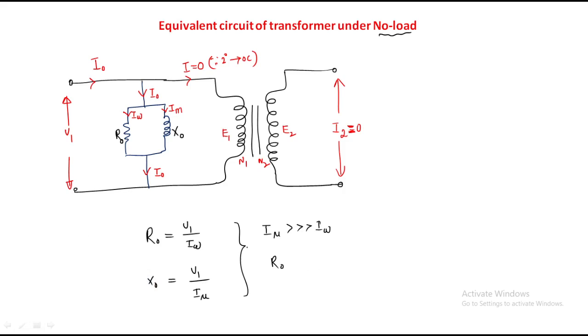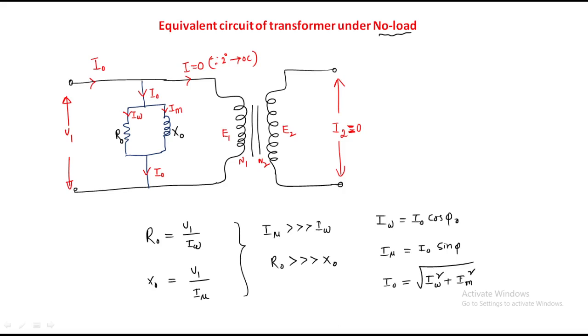IW is very small, therefore R0 is more than X0. And IW equals I0 cos phi 0, I mu equals I0 sin phi 0. Therefore I0 equals the square root of IW squared plus I mu squared, the magnetizing component of current squared.